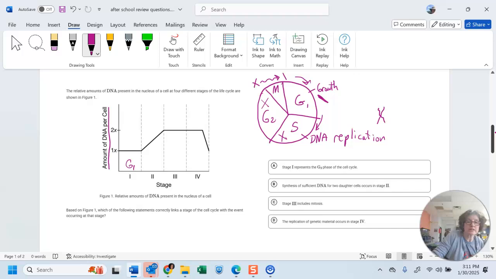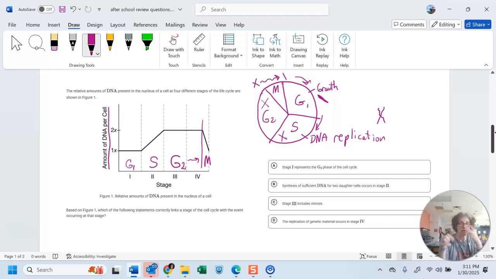Then stage 2 has got to be the S phase, doesn't it? Because you double the amount of DNA in the S phase, because you're getting ready to send it to the 2 new cells when mitosis happens, okay? Stage 3 is going to be G2, where it's waiting and preparing for mitosis. And then here, there, is when mitosis is happening, because now you're cutting that DNA back to what the original amount of DNA was, right?